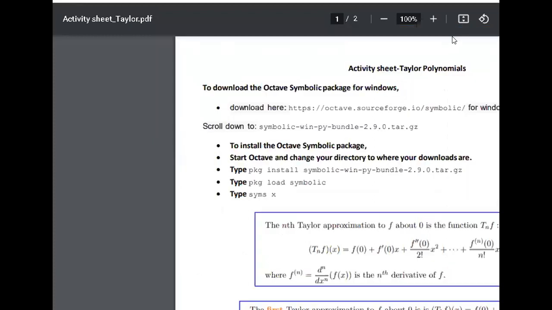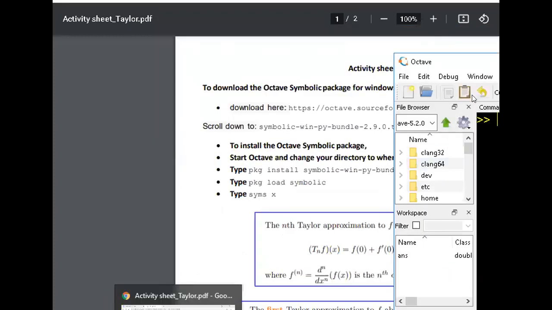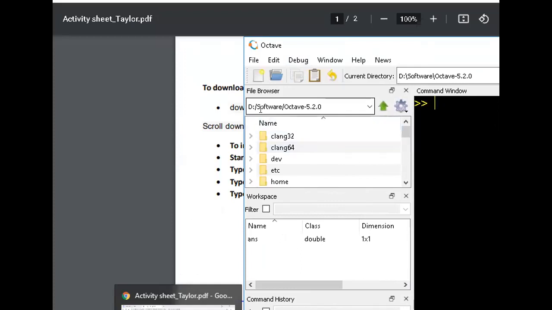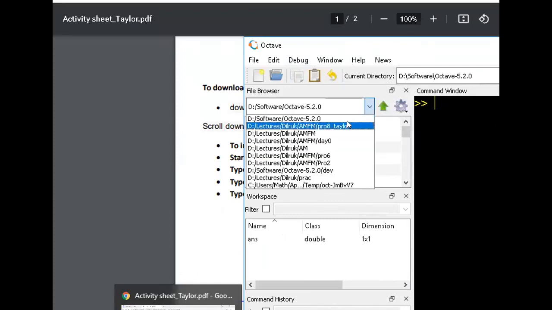So now I change the directory. This is the directory. We are already in the Octave folder, right? Don't need to change. If you want to change, you can do that.